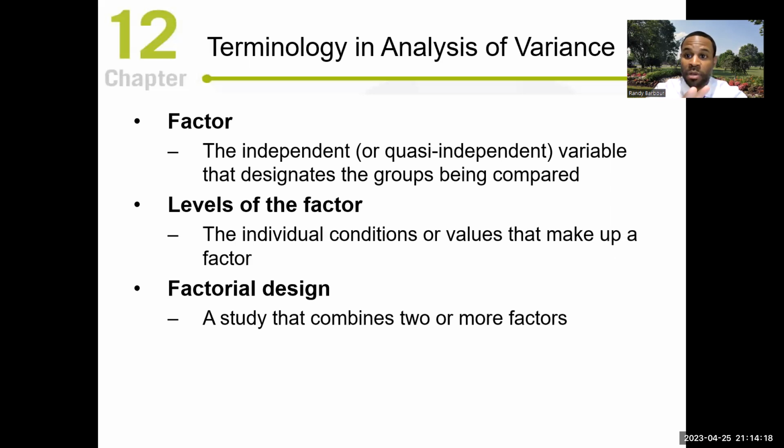So instead of having one independent variable, now I have two independent variables. One independent variable has three levels, those three techniques. And then the second independent variable has two levels, male, female, right? So again, that would become a factorial design. That would be a 3x2. And so you have 6 individual conditions, okay?